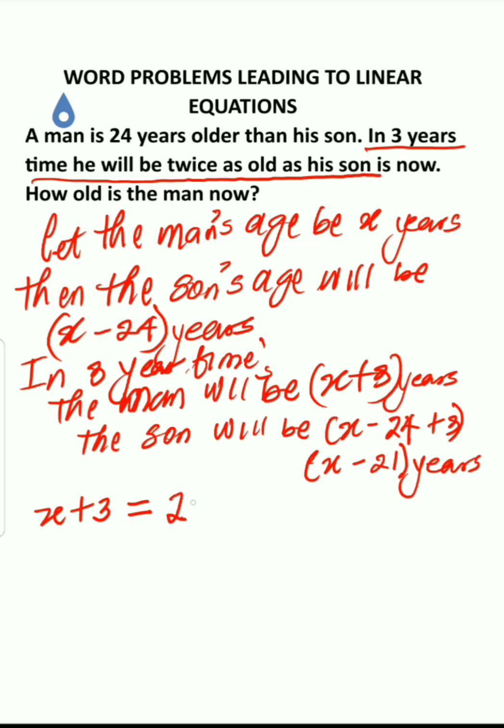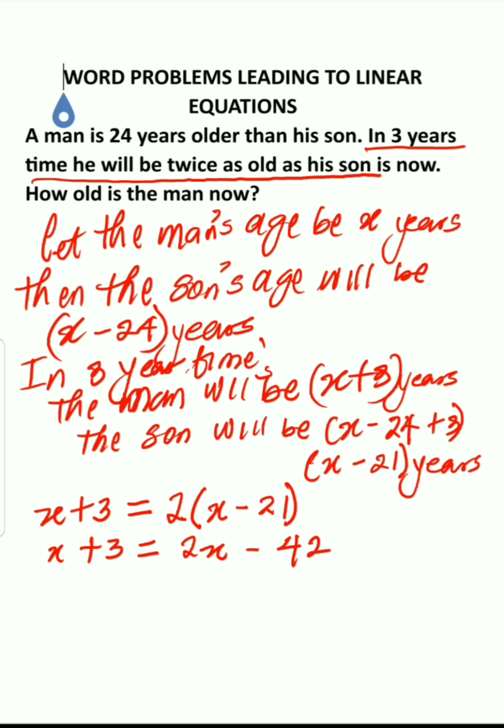So that is 2 times the son's age in 3 years' time, and that is X minus 21. And so we've obtained an equation in terms of X where we need to open up the bracket and simplify. So this is X plus 3 equals 2 times X, that's 2X, 2 times minus 21, that's minus 42.